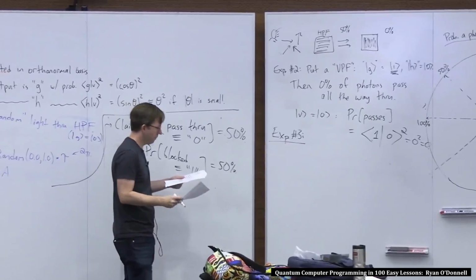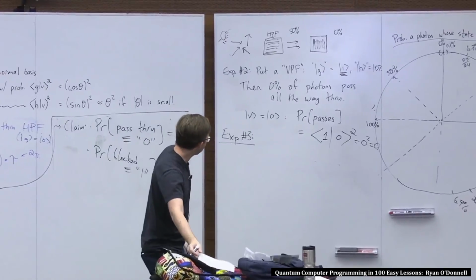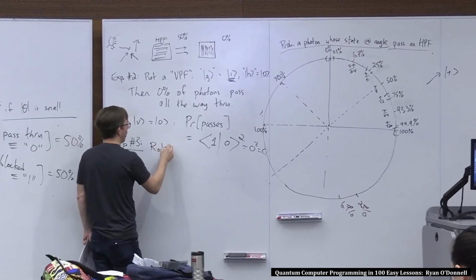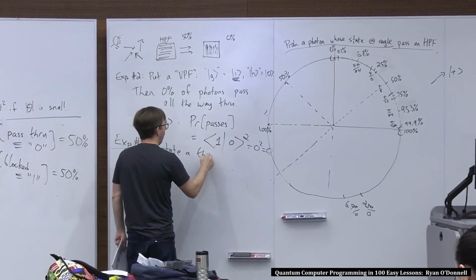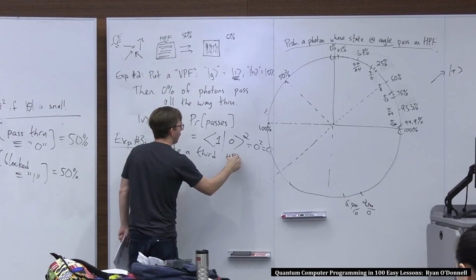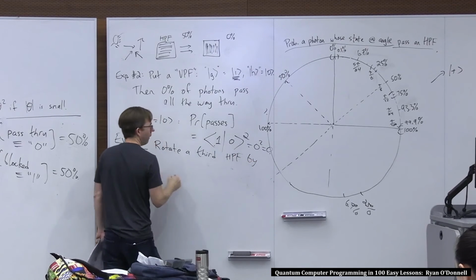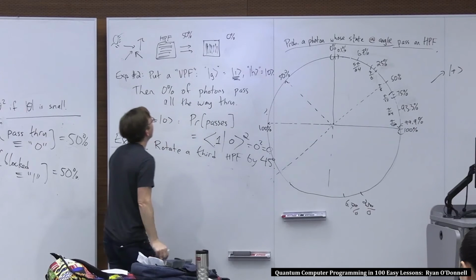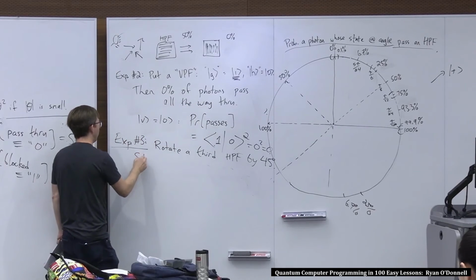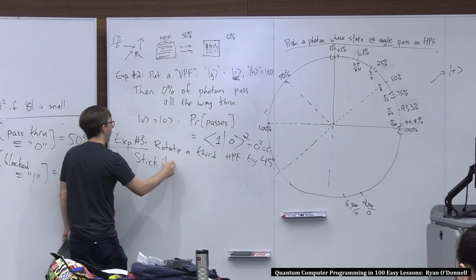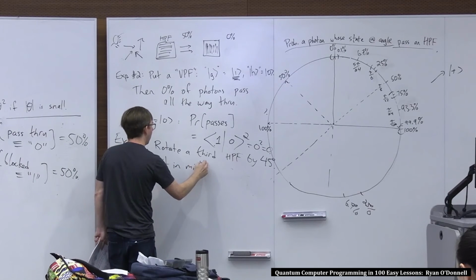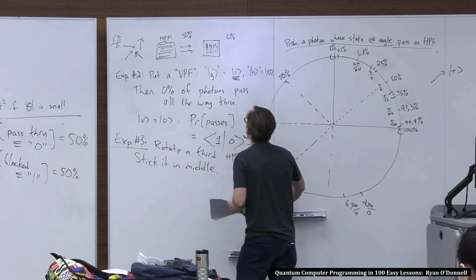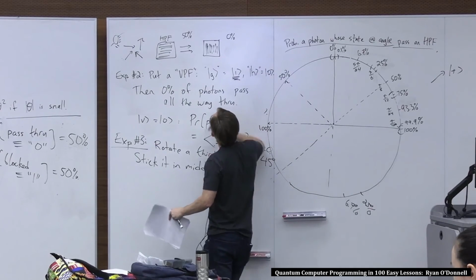But now let's rotate a third horizontally polarizing filter by 45 degrees, and stick it in the middle. Okay, so stick it right in here.